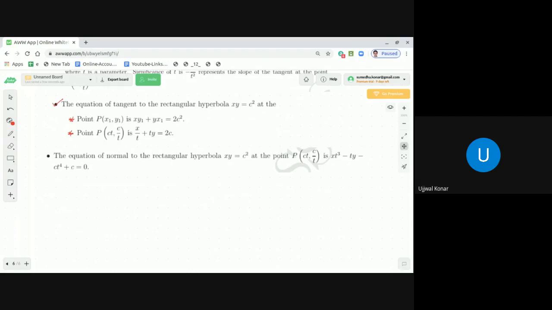So this is the equation of the normal, and with this, dear students, I conclude the class on hyperbola.